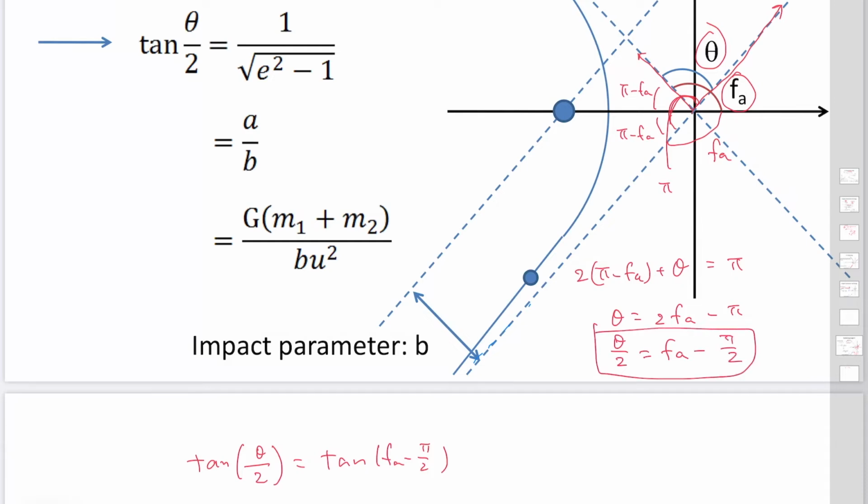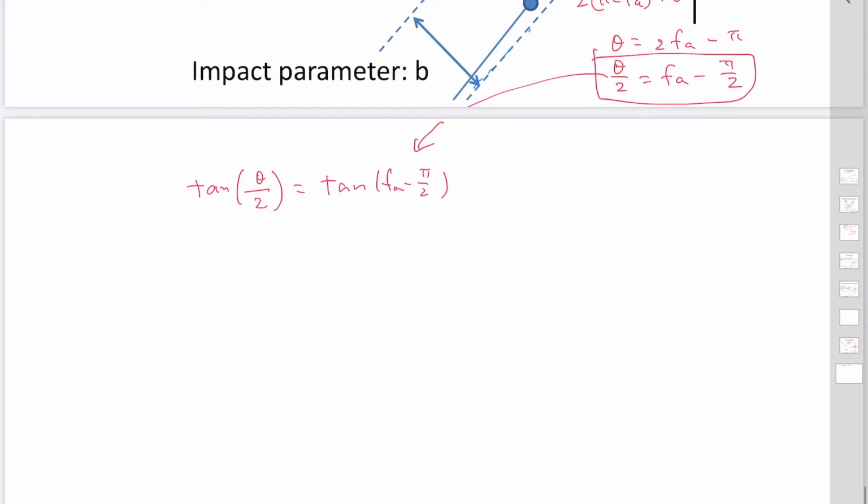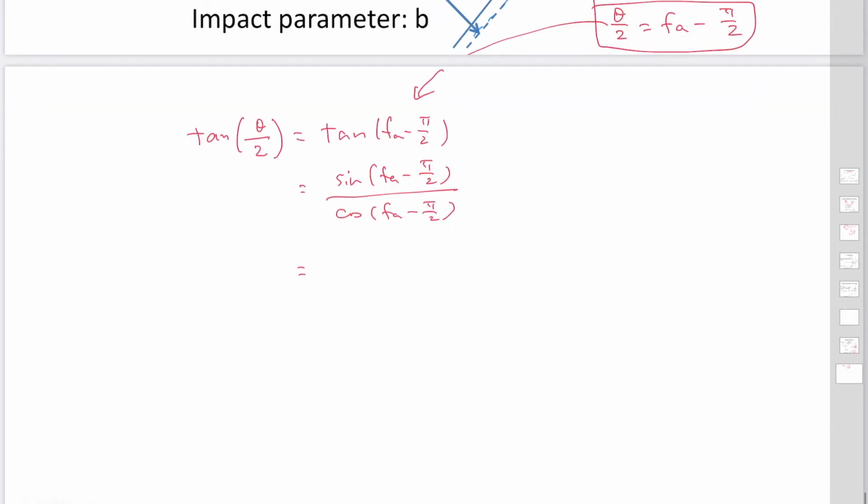So we use these relations here. Tangent theta over 2 equals tangent of f sub a minus pi over 2. So this becomes sine of f sub a minus pi over 2 over cosine of f sub a minus pi over 2. You can use the addition formula. This becomes minus cosine f sub a over sine f sub a.